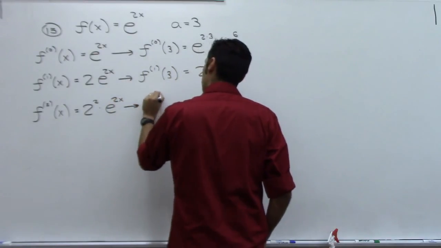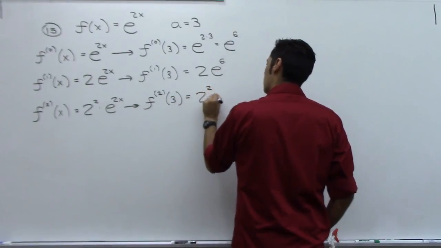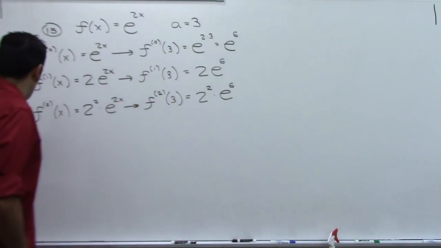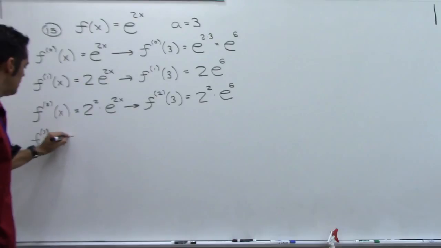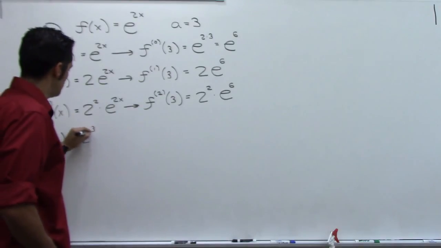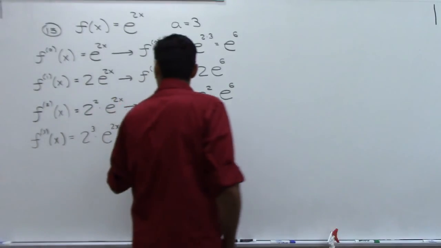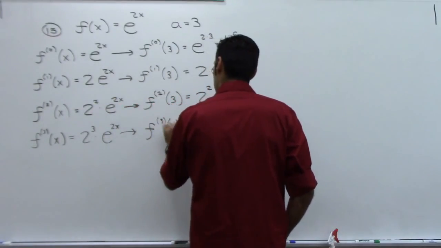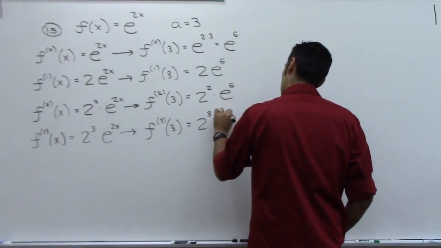And the second derivative with 3 plugged in will just be 2 squared times e to the 6th. And then the third derivative, this one's actually going to work out pretty clean. I'm going to get 2 cubed because another 2 pops out. And when I do the third derivative at 3, I get 2 to the third e to the 6th.